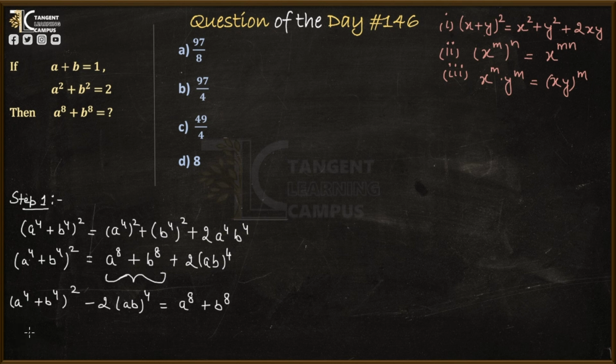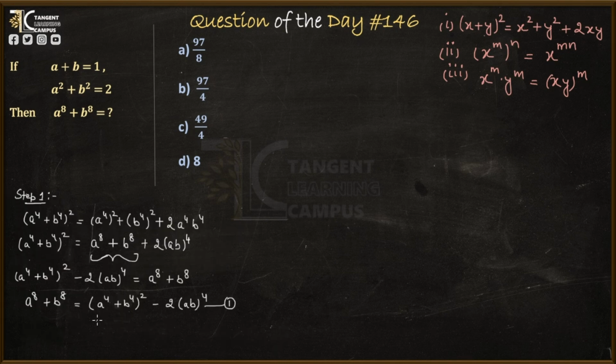Now we can write a to the power 8 plus b to the power 8 is equal to a to the power 4 plus b to the power 4 whole square minus 2 times ab to the power 4. Now let us mark this as equation 1.